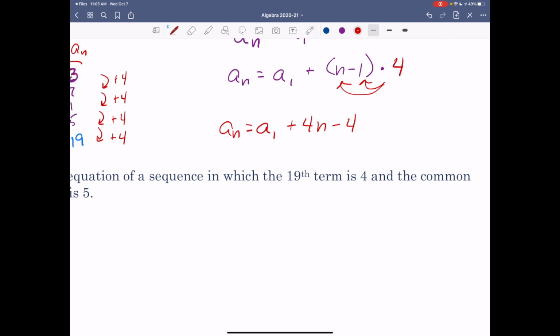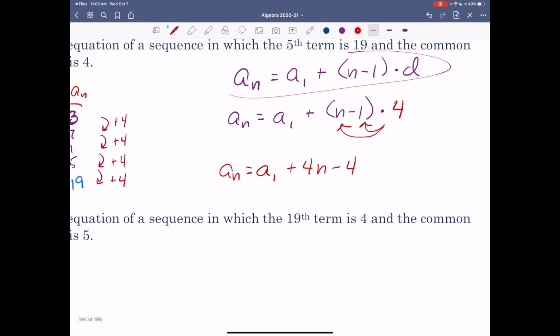Corbin? Well, again, we always start with this. That's just something to memorize. We're going to use 5 in a second, but we haven't used it yet. D, the common difference, is 4.